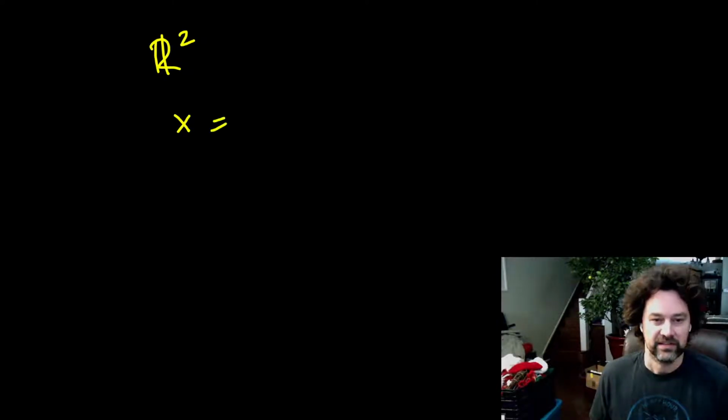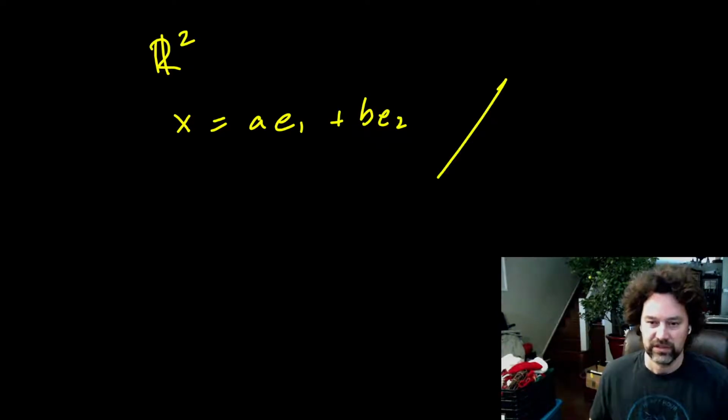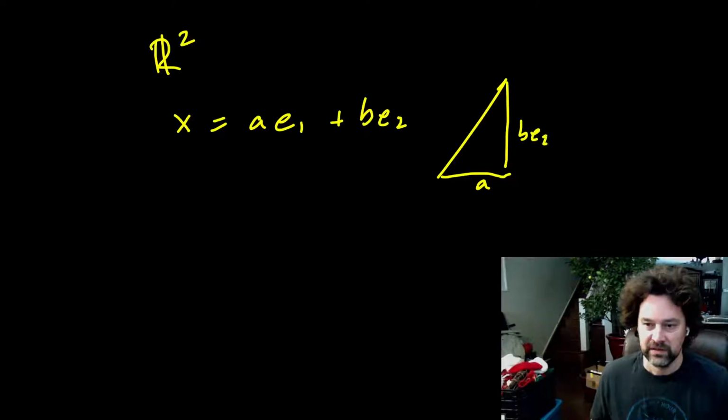So we'll start with the simplest case. Let's say we have R2 and some vector x equals A E1 plus B E2. Geometrically, that might be something like this: A E1 plus B E2.